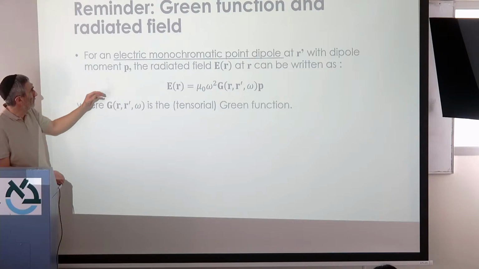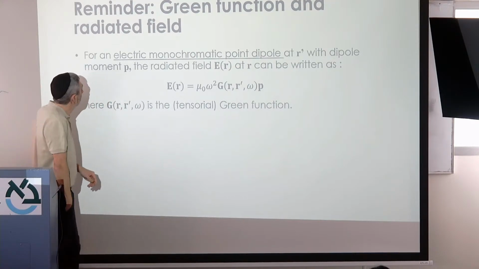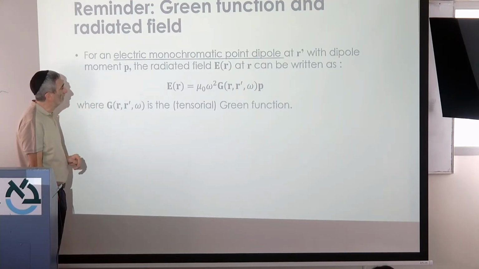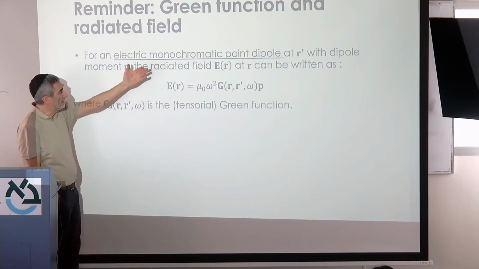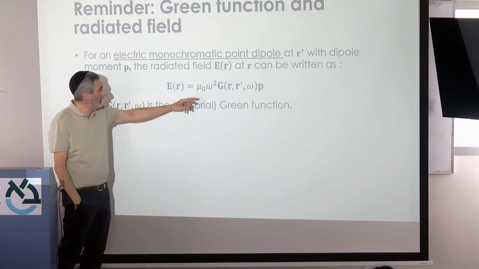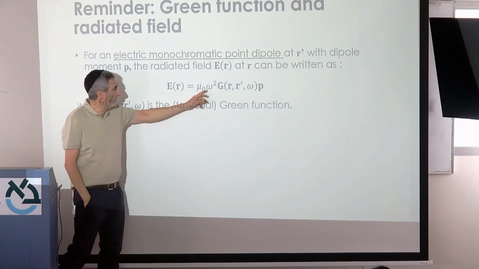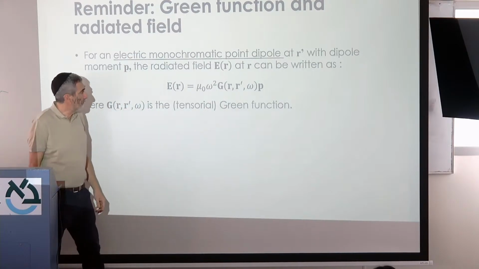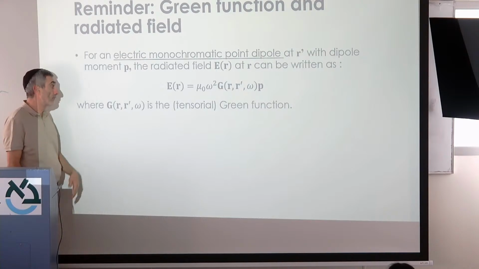So let's take the case, for instance, of a dipole. The dipole is at position r prime. It has a moment p. So the radiated field E of r at some distance r from the dipole is given by this formula: mu0 omega squared, G is the Green tensor, times the polarization, the dipole moment in that case.